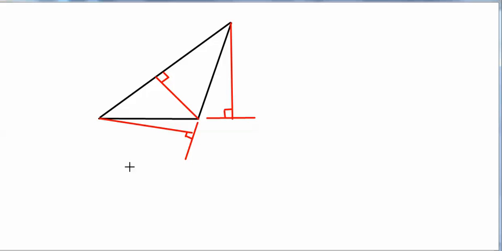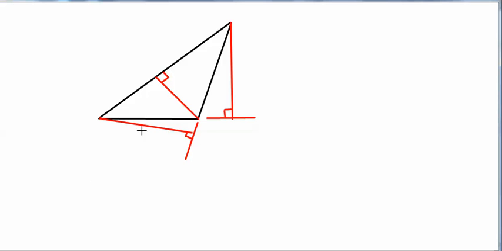An altitude starts from a vertex and it intersects the opposite side at 90 degrees. But sometimes the opposite side has to be extended outside the triangle so you can find the point where they intersect at 90 degrees.